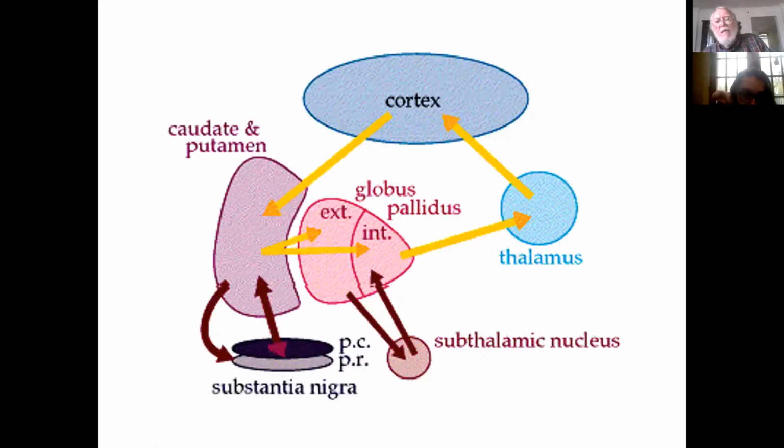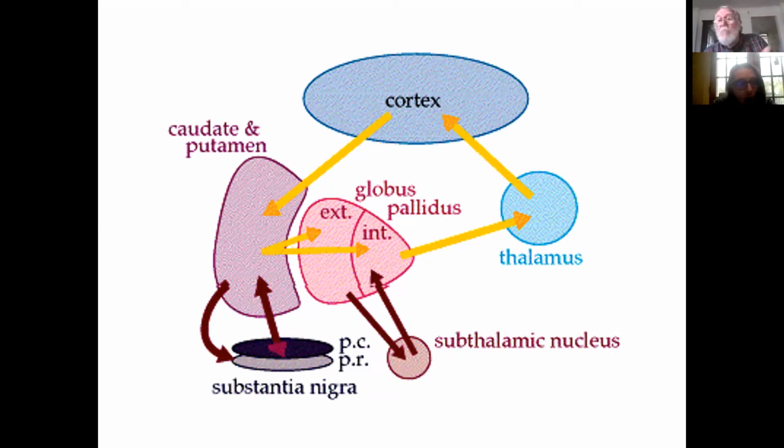Okay, so now the next important thing to think about here is to examine the basal ganglia in relation to two other major structures, one that we have already studied and a second that we'll study a little bit later. And that is the thalamus and the cortex.